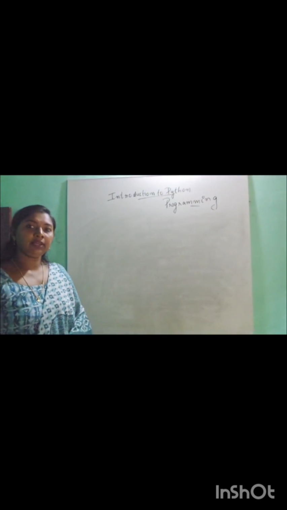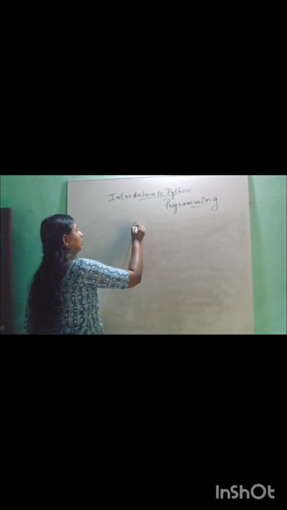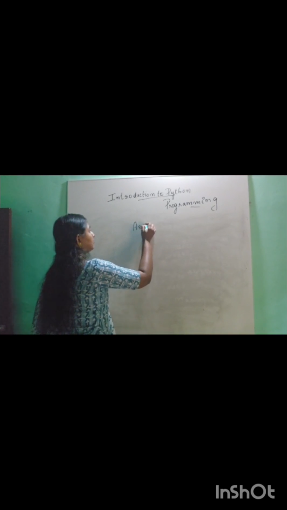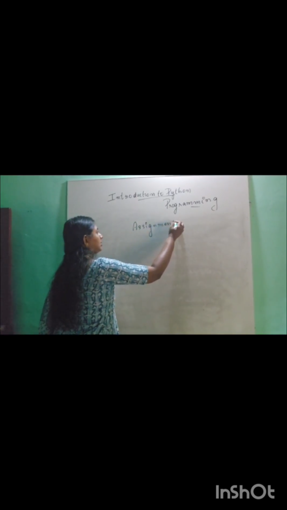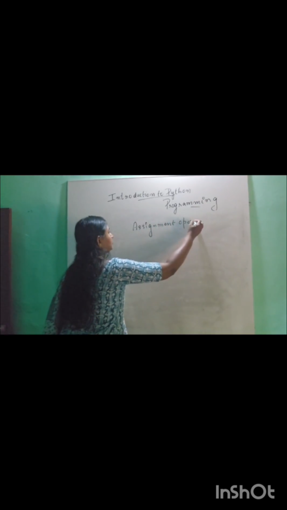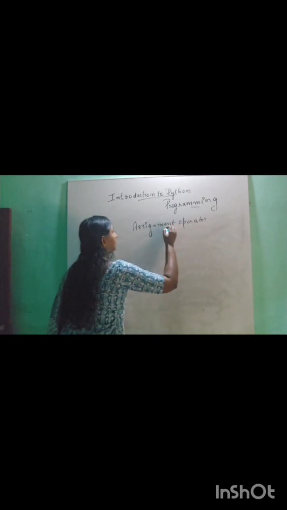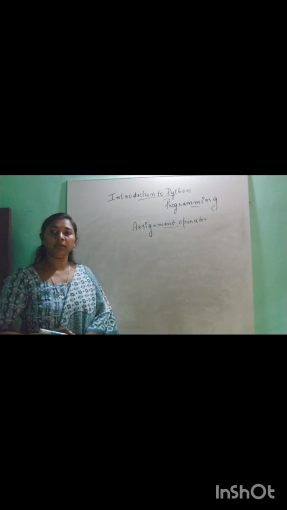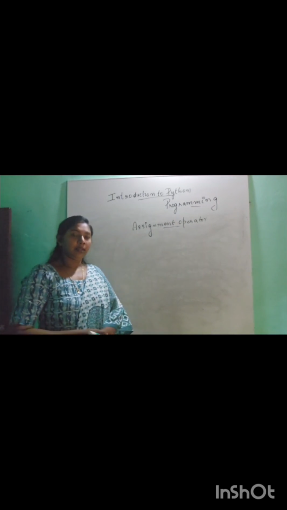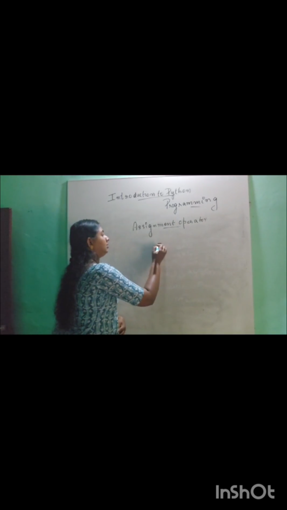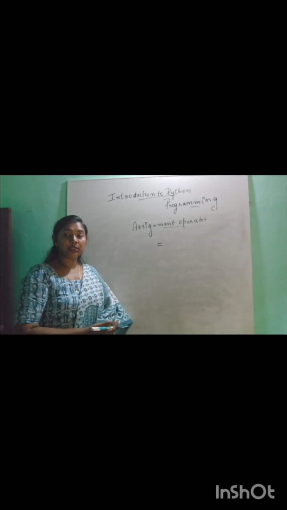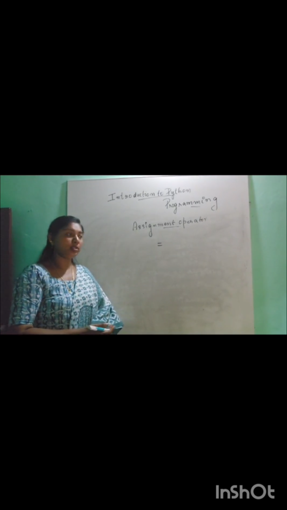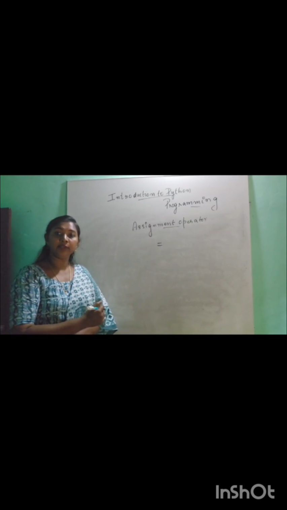The next thing we are going to deal with is the assignment operator in Python. So what is an assignment operator? The assignment operator is the equal to sign. An assignment operator is used to assign a particular value to a variable.